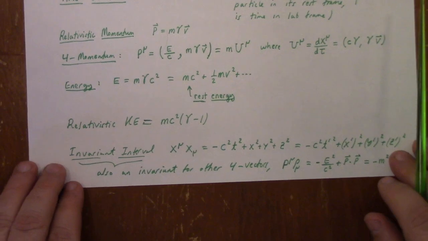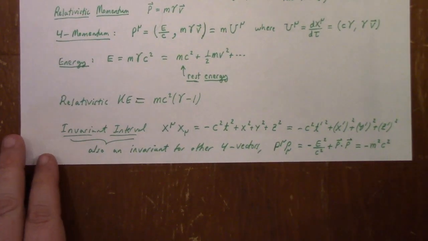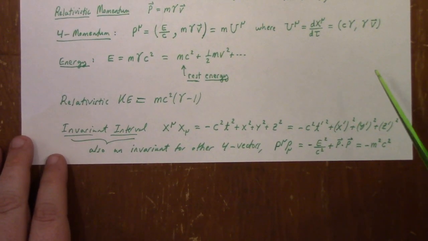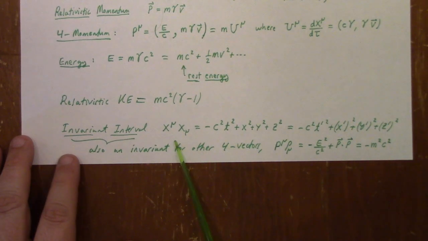And then the other thing, the last homework problem you had was, more or less, based on this identity. I never quite worked out the algebra in class, but essentially if you put in the Lorentz transformations, you can show that this quantity is equal between different frames of reference. And that actually still is true for other 4 vectors, like the 4 momentum.